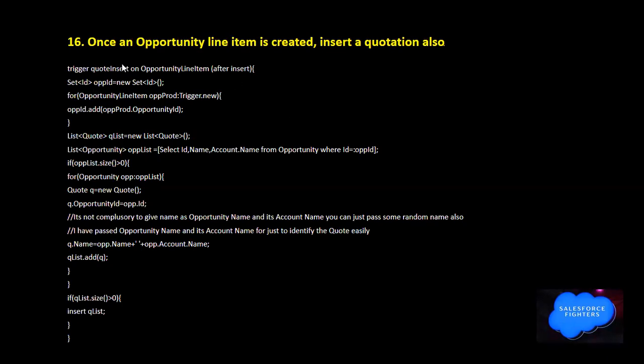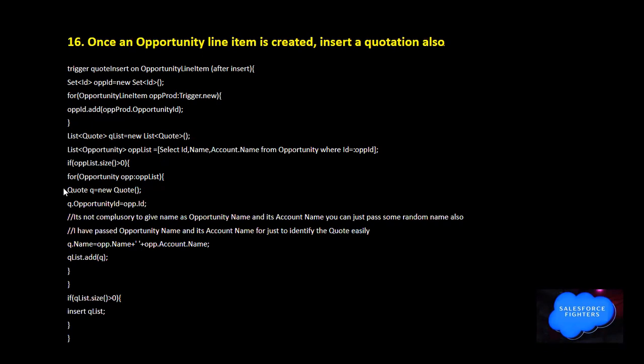Next question. Once an opportunity line item is created in certain applications, also trigger a quick insert on opportunity line items, after insert. Set ID for opportunity, upload ID list, quick list, opportunity list.